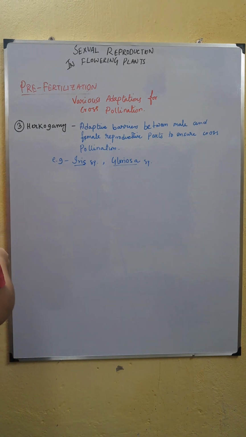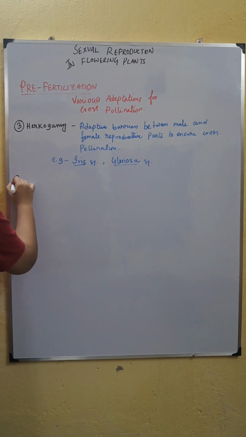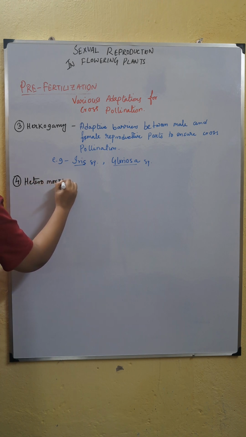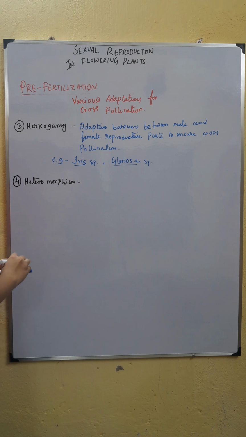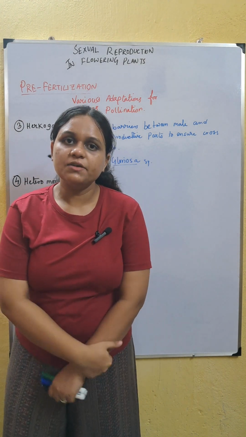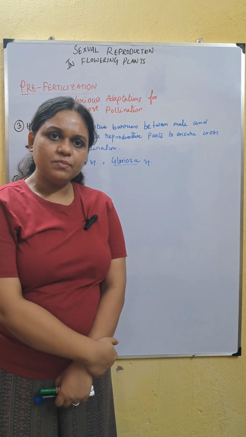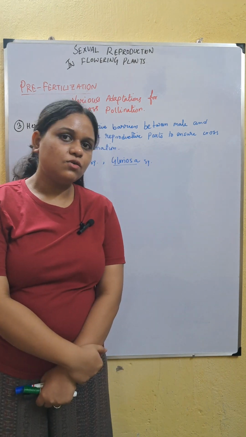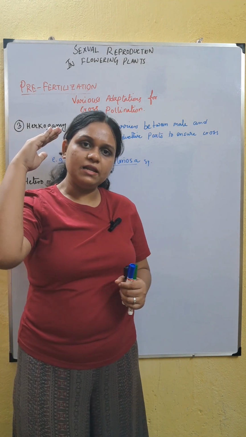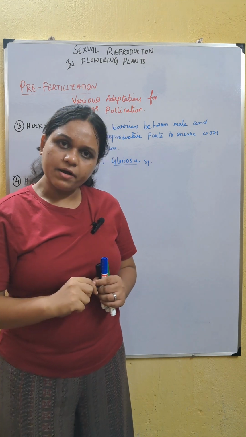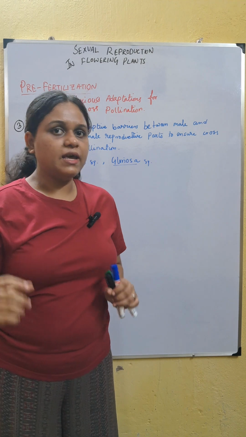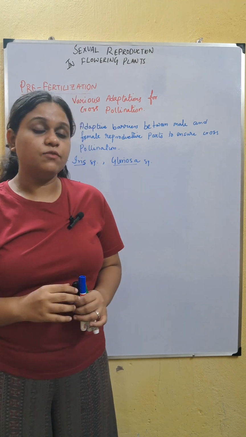Next is heteromorphism. Heteromorphism is the difference in structure. The structural differences in male and female reproductive parts ensure cross pollination, preventing self pollination. Either the anther will be very long compared to the stigma, or the stigma or the style is very long compared to the anther. So this way, the plant prevents self pollination.